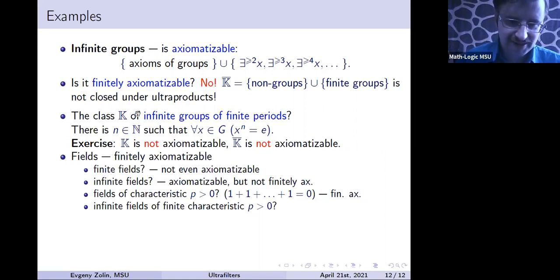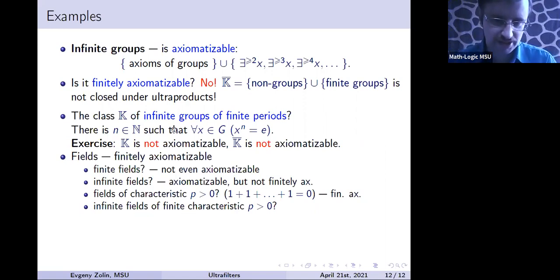And now, similarly to this, some combination of finite and infinite. We consider infinite fields of finite characteristic. Firstly, think, do you know any example of such a field?